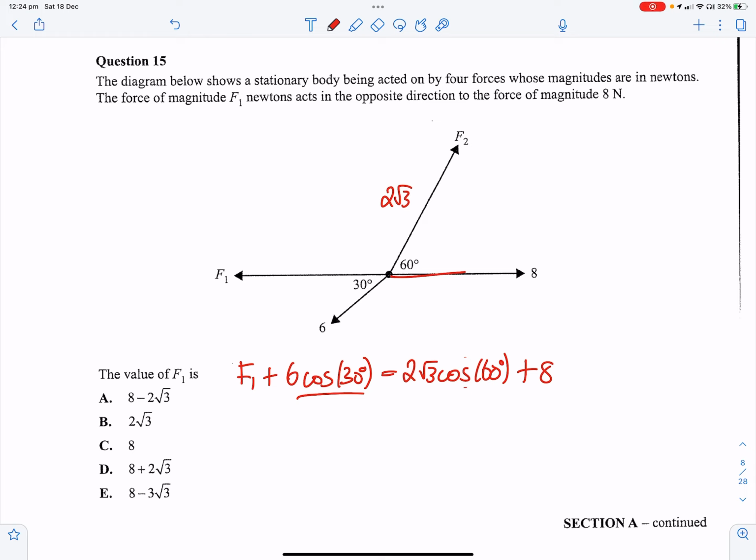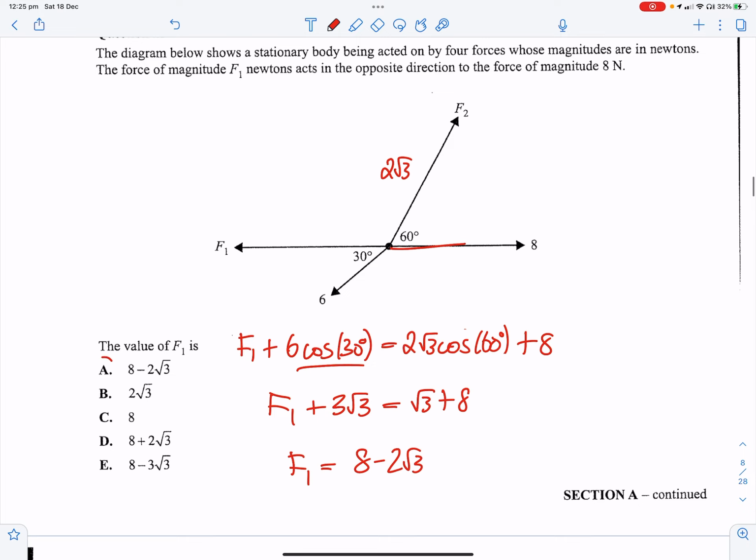Cos of 30 is root 3 on 2. So F1, if I multiply that by root 3 on 2, I get 3 root 3 plus, equals, cos of 60 we know is a half, so I get root 3 plus 8. So F1 is 8 minus 2 root 3, which is A.